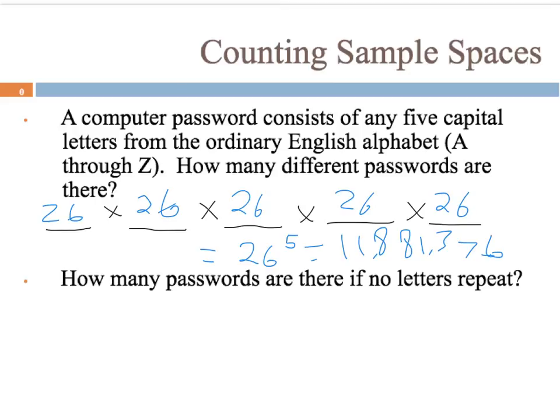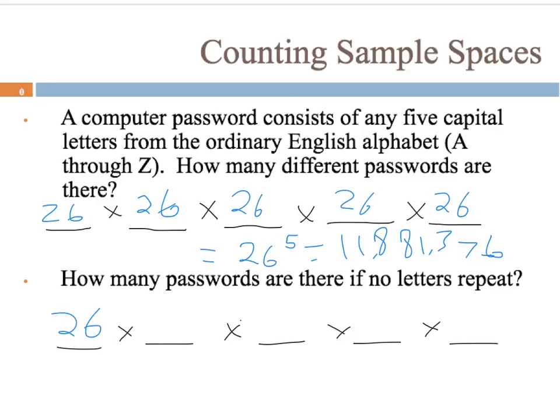Next, how many passwords are there if no letters repeat? This is a very different scenario. We still have those 5 letters, so there are 5 slots or 5 boxes. The first time there are 26 letters available.